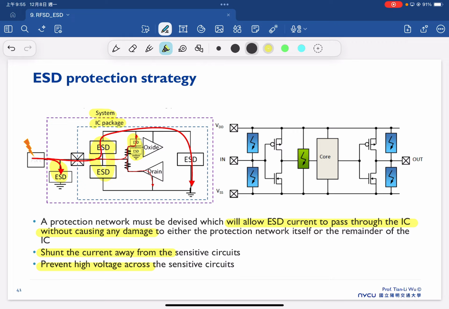So if you look at state-of-the-art ESD protection, people talk about device level protection, even system level protection, because you need to protect the whole system to avoid ESD issues. So in the end, this can be a very dedicated topic, from the device to the package to the system, for the whole solution strategy for ESD protection.